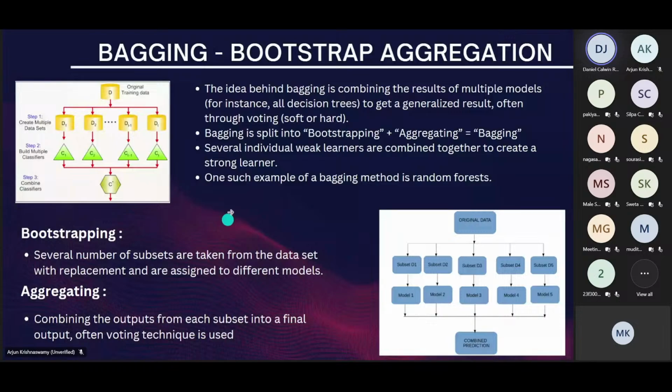I hope you understood the initial part, but what about the latter part? Why do we have to replace the data points once we have split it into subsets? I'll give an example. Let's say we have 5 red balls and 3 black balls. Let's split it into two cases.